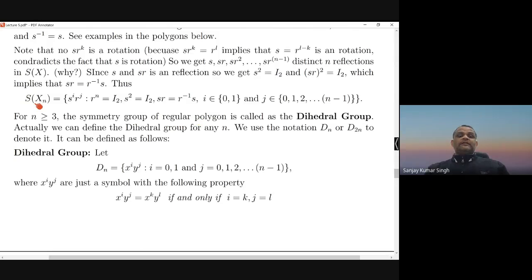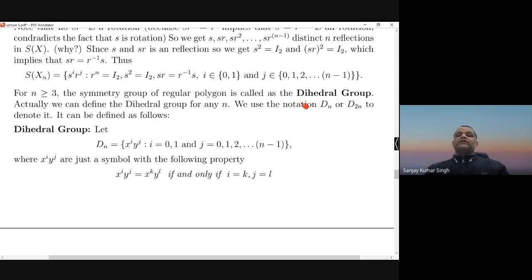So now this is a very nice description of the symmetry group of a regular n-gon, and we define this as a dihedral group for n greater than or equal to 3. Because if I take n equal to 2, there is no closed polygon which has 2 sides.